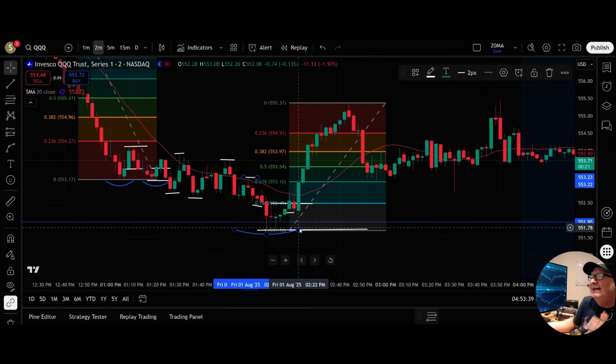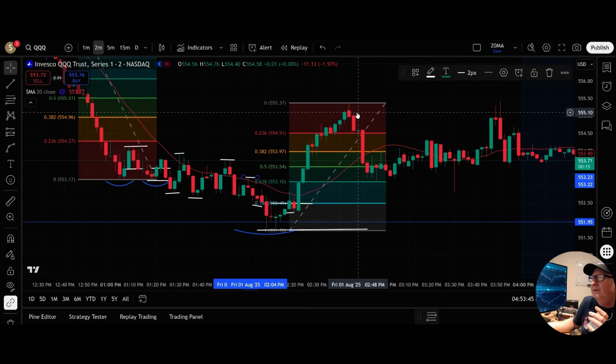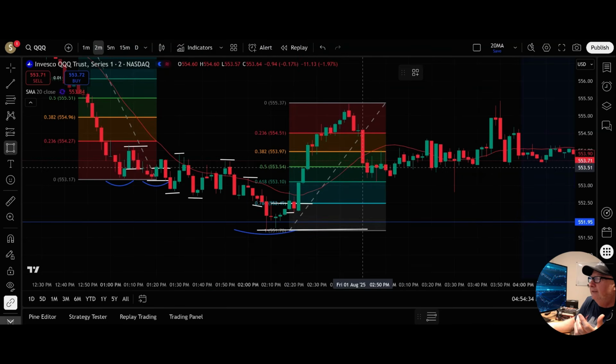So for me, now I'm looking at a reversal. Again, we're trading over the 20, which we move through with these power bars and then this move. So I'm looking for a retracement to the 50 on the Fibonacci, which set up here. This is the sweet spot here between this 50% level and the 0.61 level.